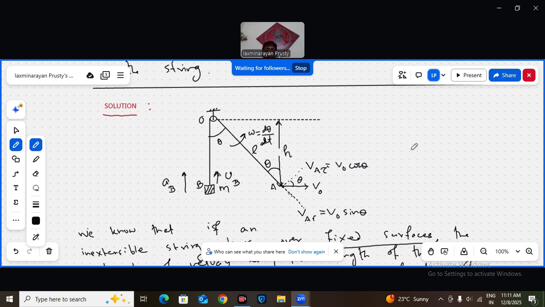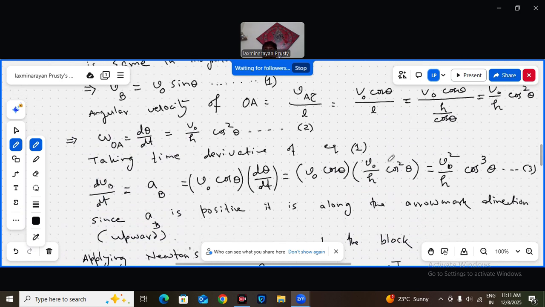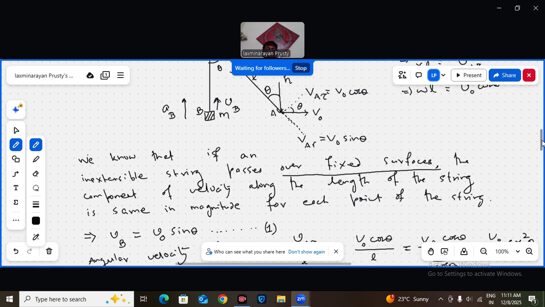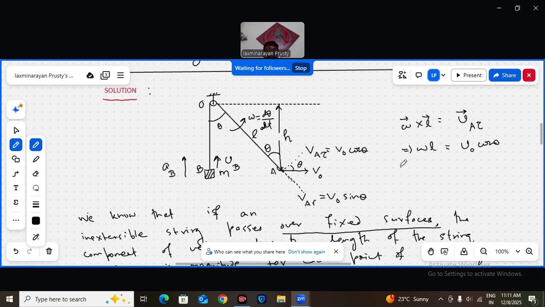If I use this, that gives me omega L equals V naught cos theta. So I'll write omega of that OA length is V naught cos theta by L. Just see from here, V naught cos theta by L.